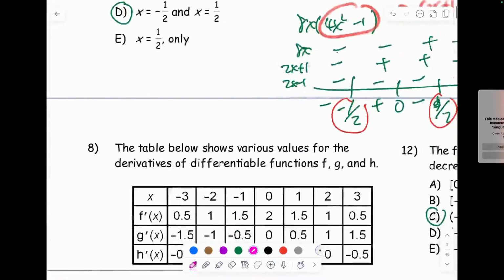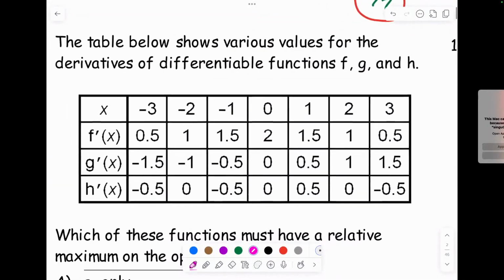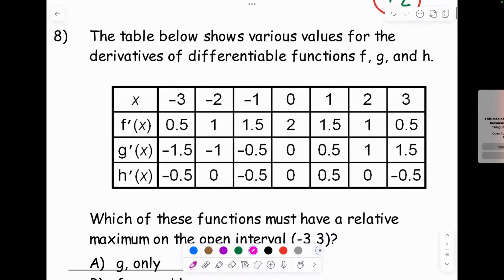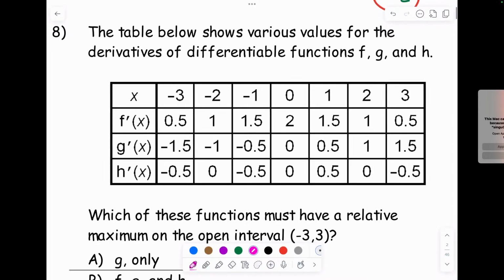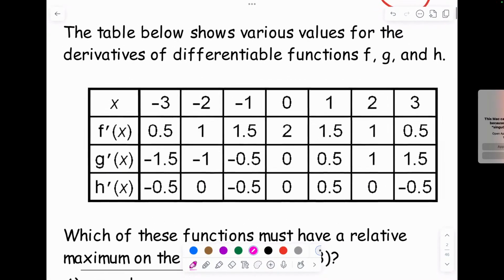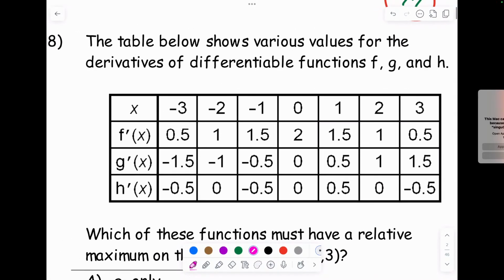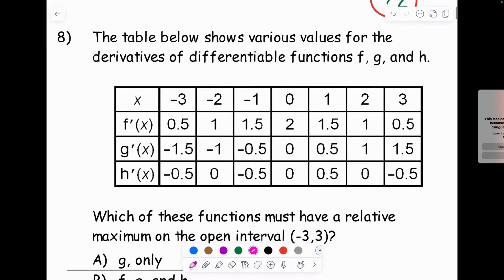Okay, let me show you. There's one here. This question is also good. Now, I'm going to change this question slightly, and I'm going to make it a lot harder. I'm going to say, can you tell me which of the following functions has a relative maximum?